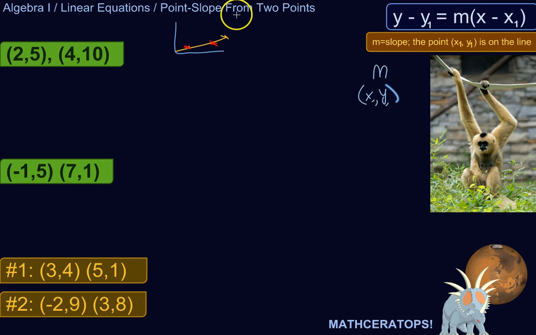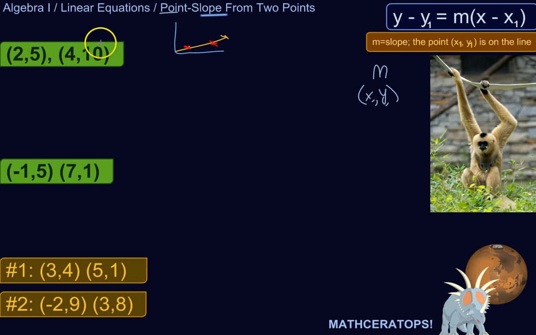That's what that's saying. So all we really need is one point that's on the line and the slope of the line, and we can write the point slope form. Hence, point slope. Now, if you're just given 2 points, you need to figure out what the slope is.